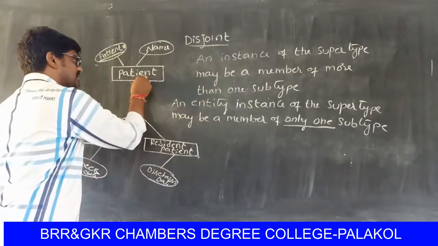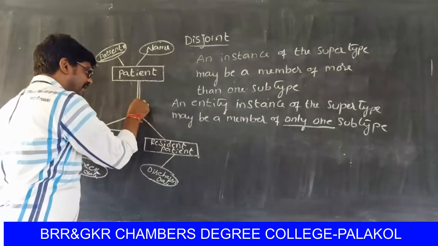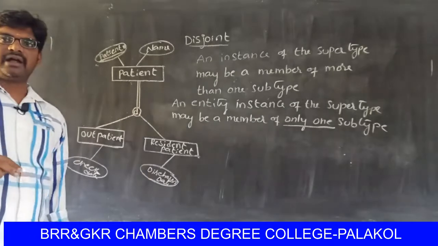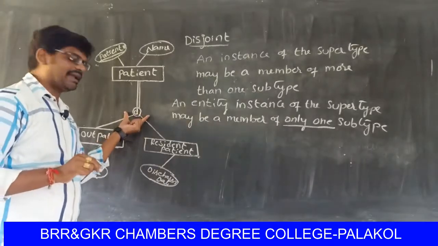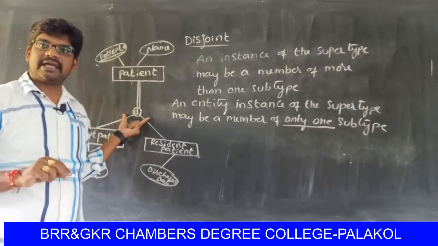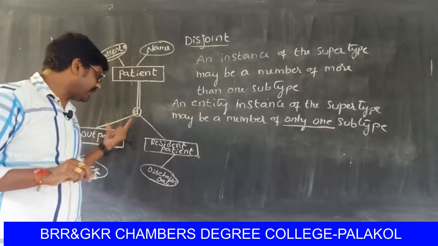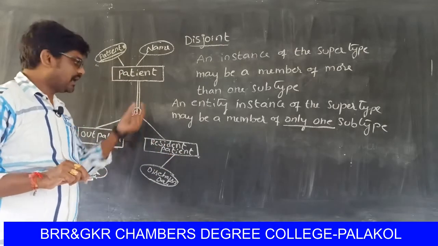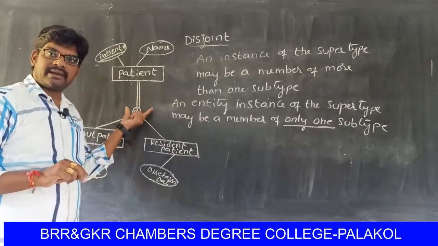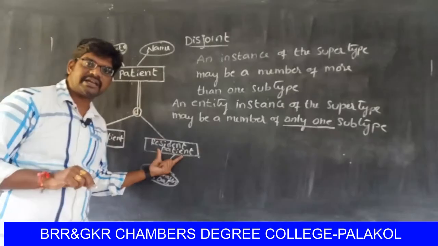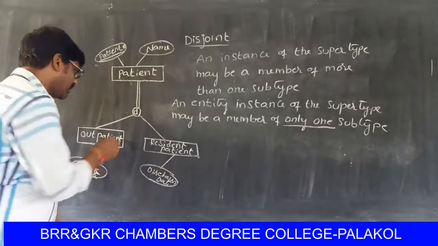Here disjointness is indicated by a double line with a circle and the letter D. A patient can be either an outpatient or a resident patient, not both.